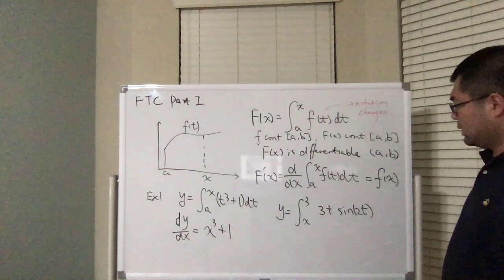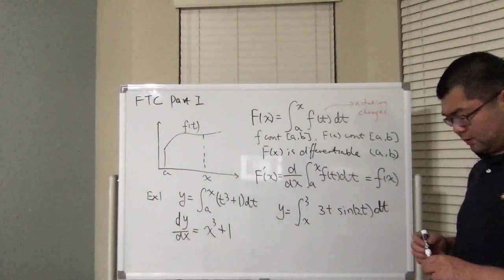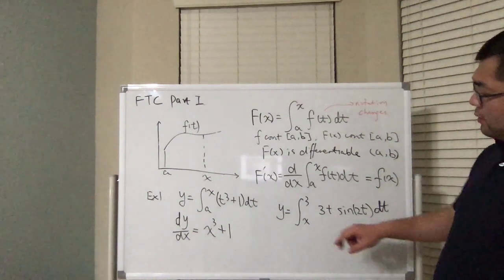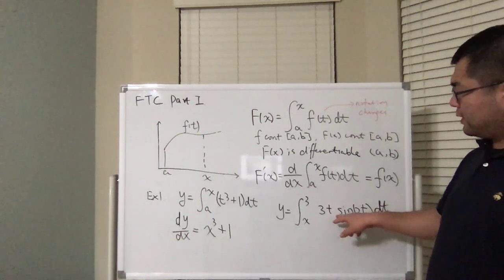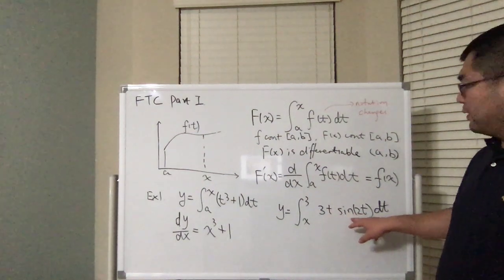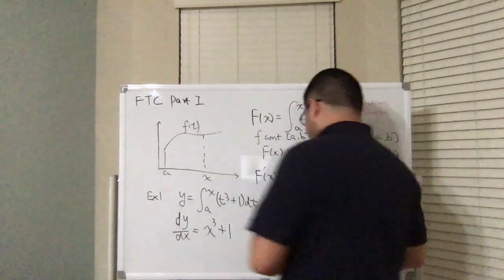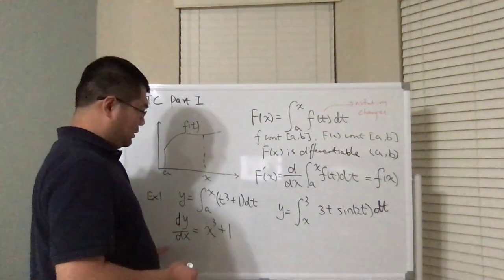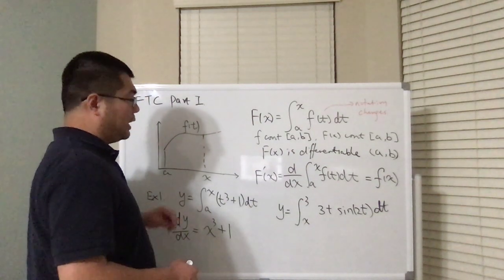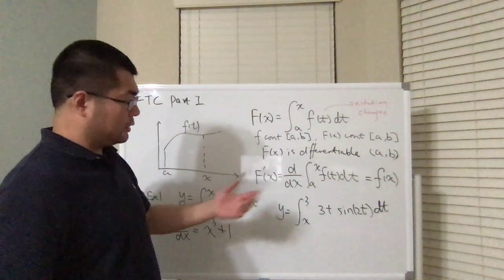Now let's look at the other one. If we have y equals the integral from x to 3 of 3t times sine of 2t dt, and I'm asked to figure out what dy dx is, we can use the fundamental theorem of calculus part 1 to deal with that.